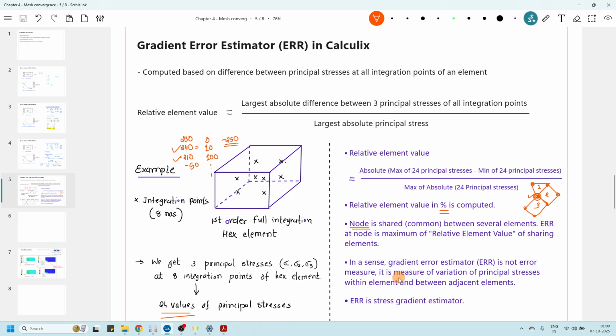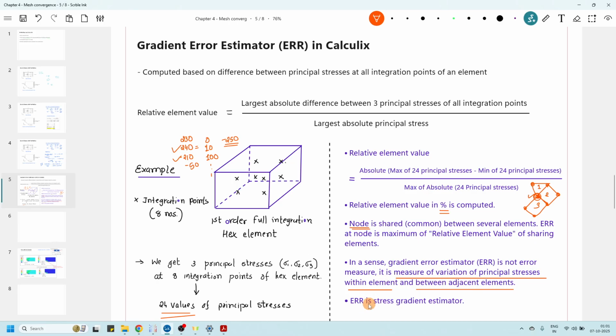So it is basically a measure of variation of principal stresses within element, because we are taking the values from the element integration points, in this example 24 values. So it is basically a measure of variation or gradient of stresses within element. And also because it is reported at a node, we can also say that it is a measure of stress gradient between adjacent elements.